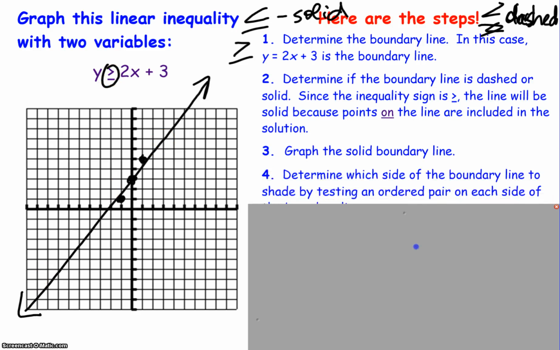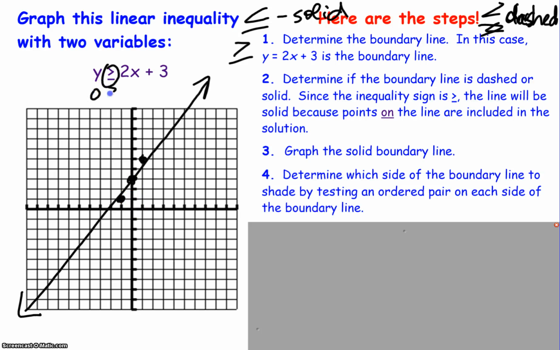We graphed it. Now determine which side of the boundary line to shade by testing an ordered pair on each side of the boundary line. So try (0, 0). So 0 is greater than or equal to 0 plus 3. 0 is greater than or equal to 3. Is that true? No. So we know (0, 0) is not part of it. Try another one, (-2, 2).